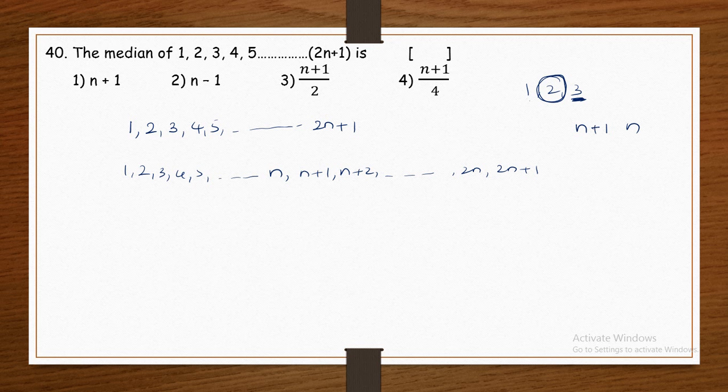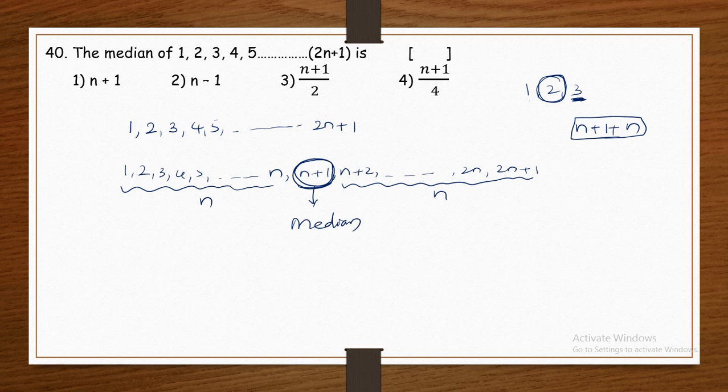So n plus 1 plus n is nothing but 2n plus 1. That means from 1 to n I am having n observations. From n plus 2 to 2n plus 1 again I am having n observations, and this particular thing which is at the middle, this is my median.